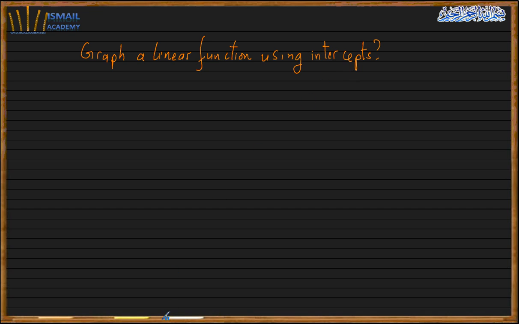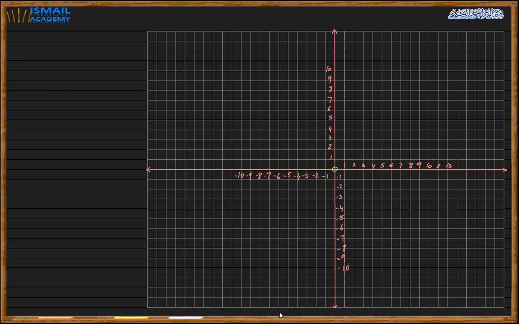Alright, so what is an intercept? Like I said, an intercept is a point located on the Cartesian coordinate plane, either on the x-axis or y-axis. Any point on the y-axis or on the x-axis is called an intercept. So if I have a point here, or here, or here, on the y or the x axis, it is called an intercept.